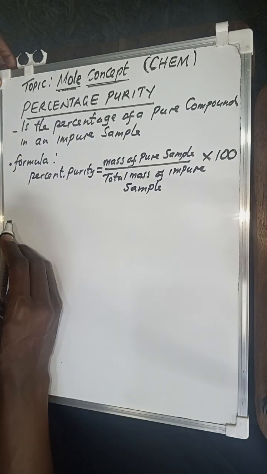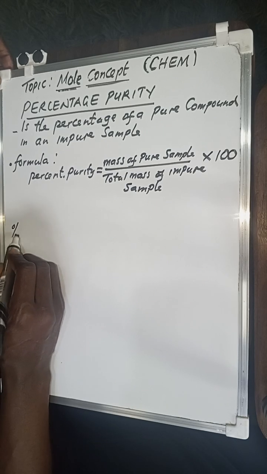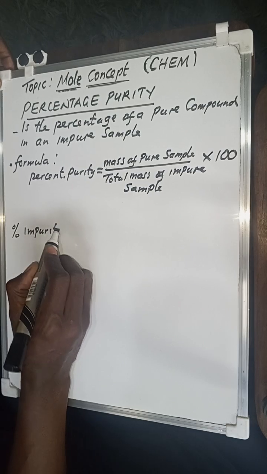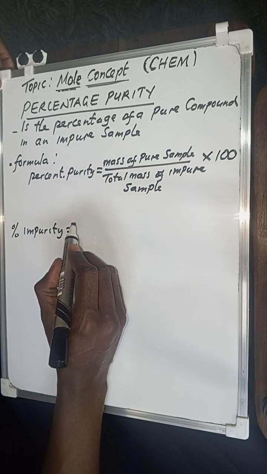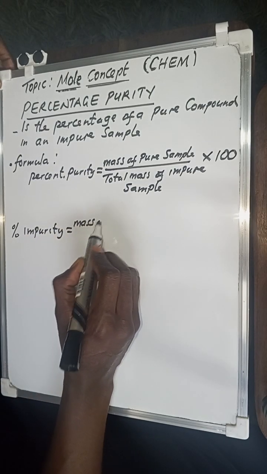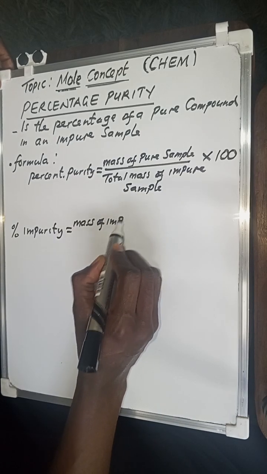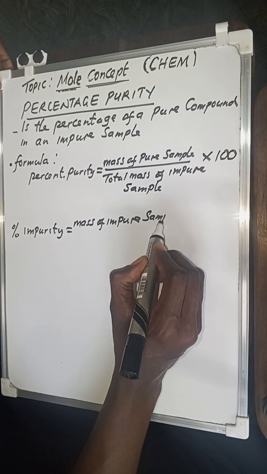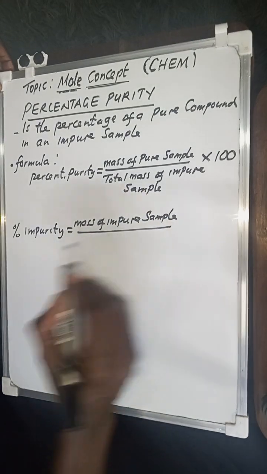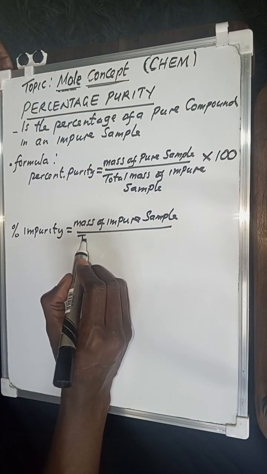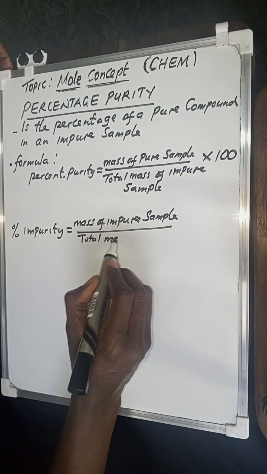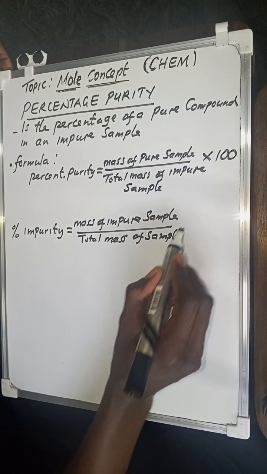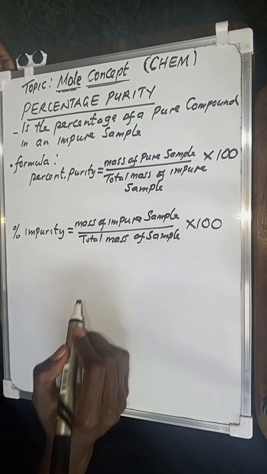Of course, it is possible to find what we call percentage impurity. If you want to find the percentage impurity, you can say the mass of the impure sample that you have over, in this case, the total mass of the sample that you have, and multiply by 100.